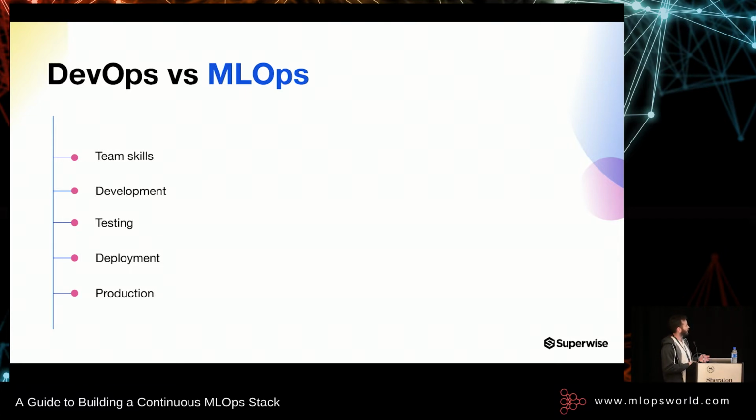In addition, the development is a bit different because when we're developing ML-based systems, we usually focus more on reproducibility, like being able to reproduce the experiment, understand what worked well, what didn't, and now we can make the best model right now and move it on to production.